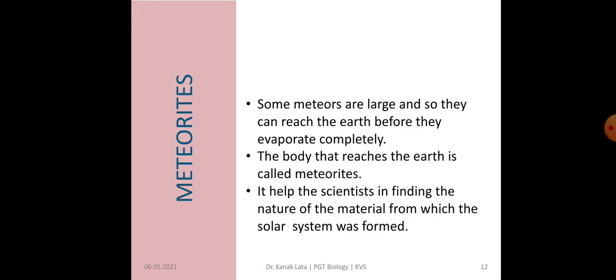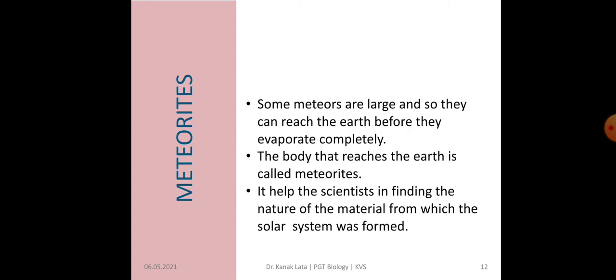Now we will discuss meteorites. Meteorites are those meteors which are large, so they reach the Earth's surface before they evaporate completely. Thus the body that reaches the Earth is called a meteorite.